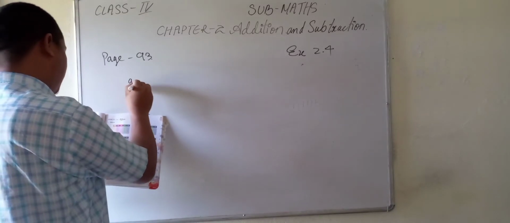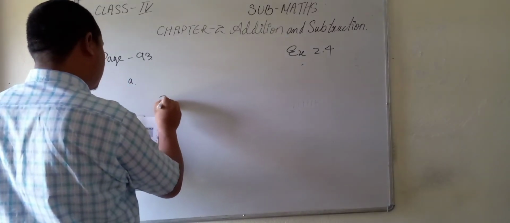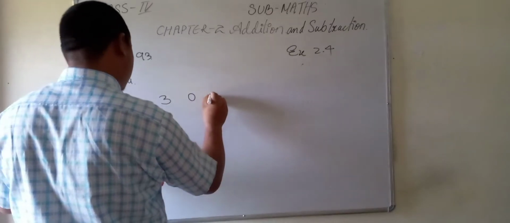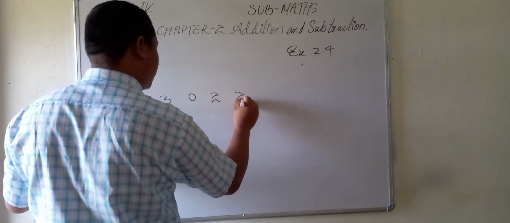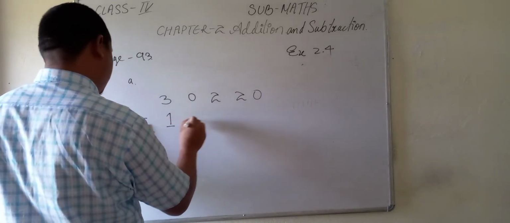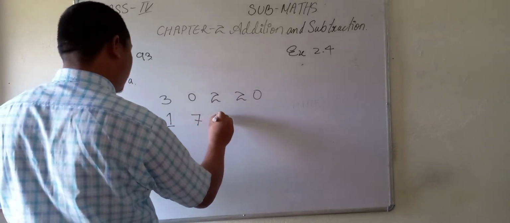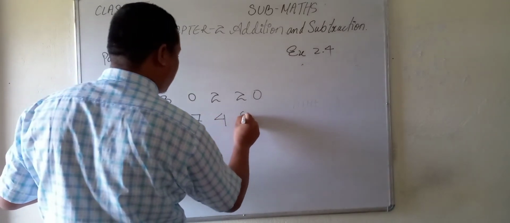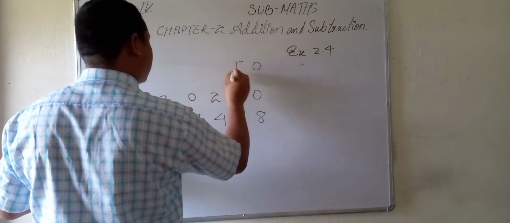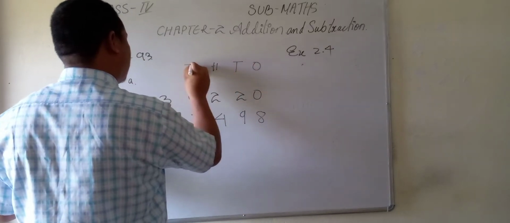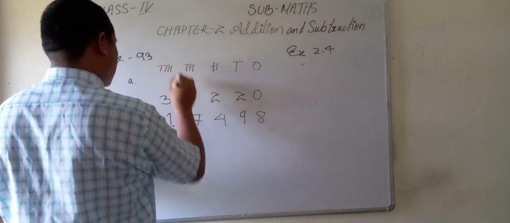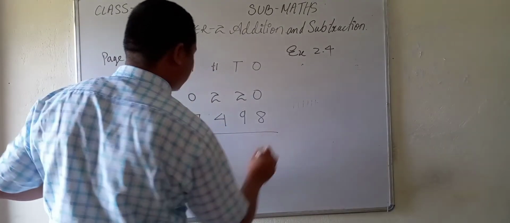Question number A. 30,220 minus 17,498. Ones, tens, hundreds, thousands, ten thousands. We have to minus this number.